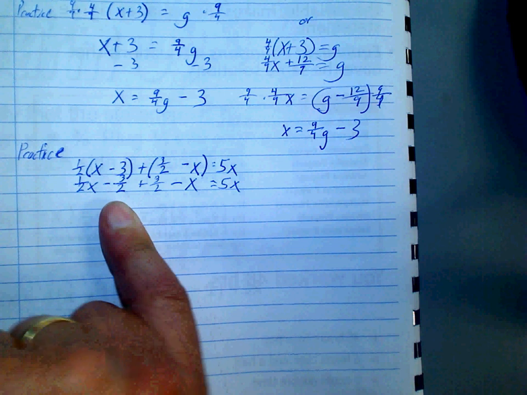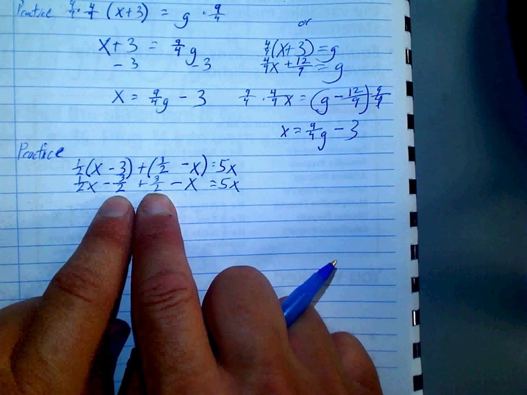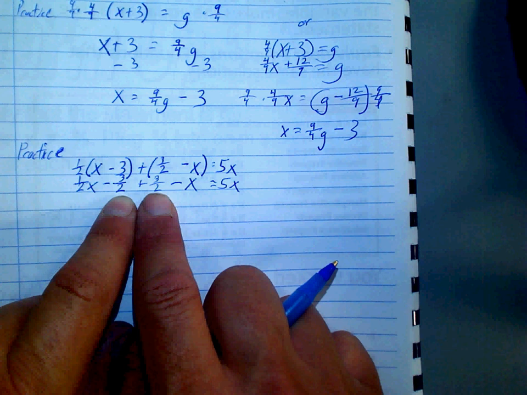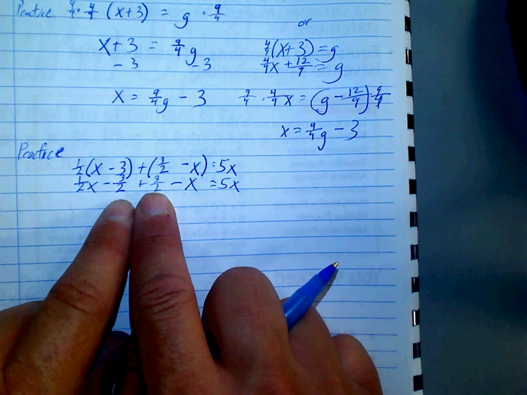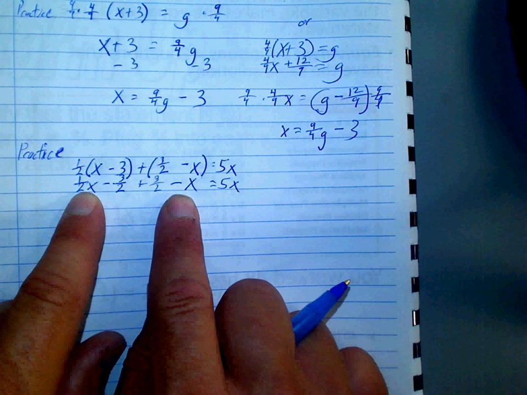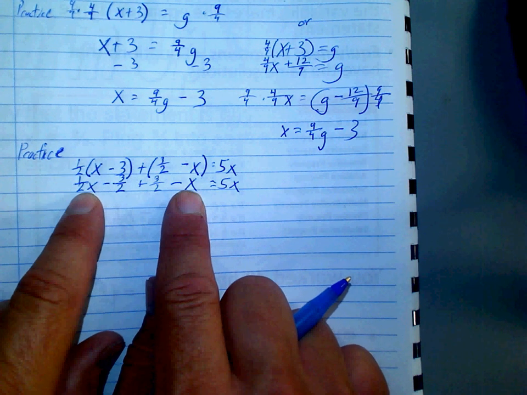Inverse. Yeah, the inverse property of addition is when you add opposites, they become nothing. Thank you, inverse property. Nice little tool to whip out and use. Okay, so those disappear. What's 1/2 minus 1? All right, negative 1/2 x equals 5x.